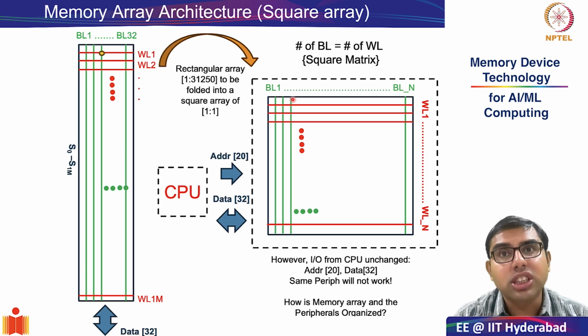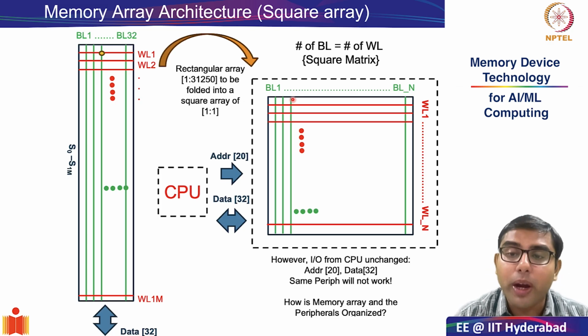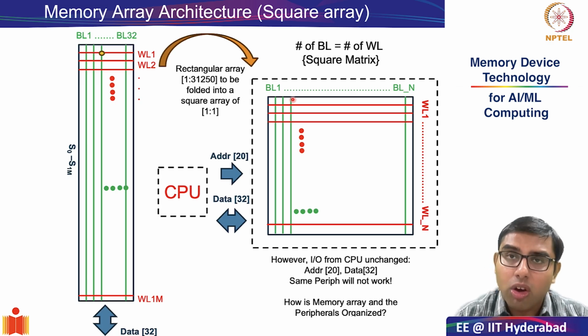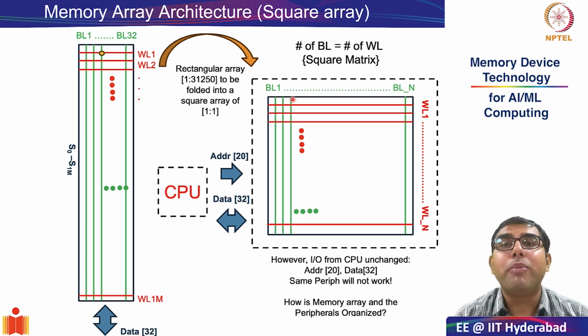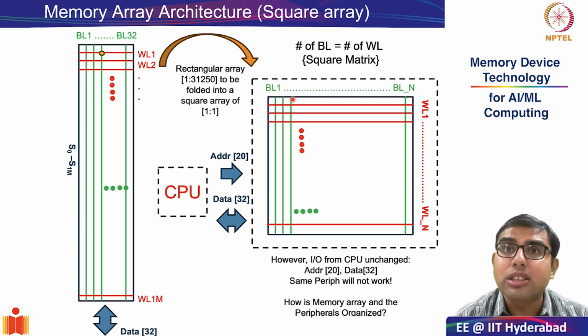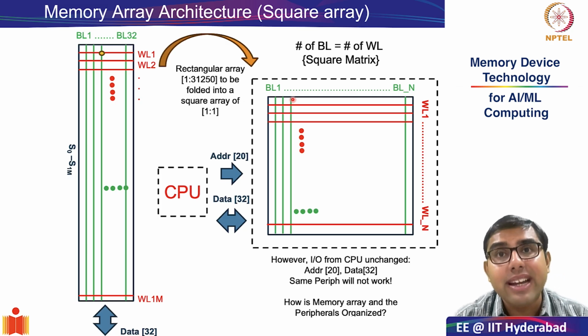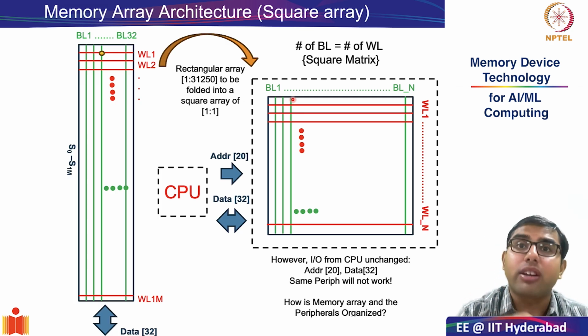So let us finish this lecture at this point. Essentially, what we saw in today's lecture was how memory arrays are organized through bit lines and word lines. The word lines consisted of one addressable word, and the bit lines were the lines giving out the data corresponding to the selected word.